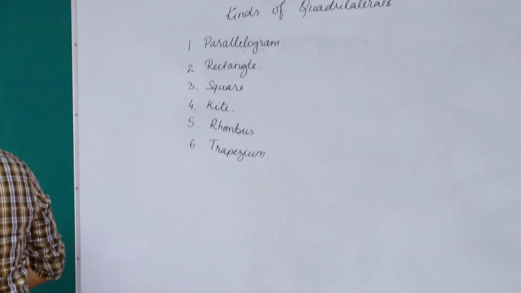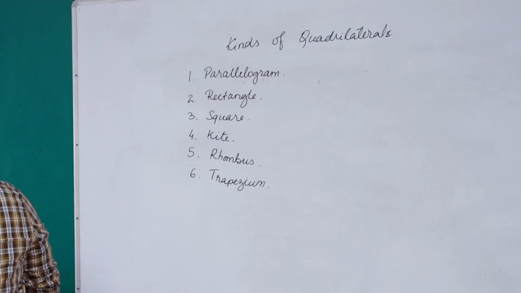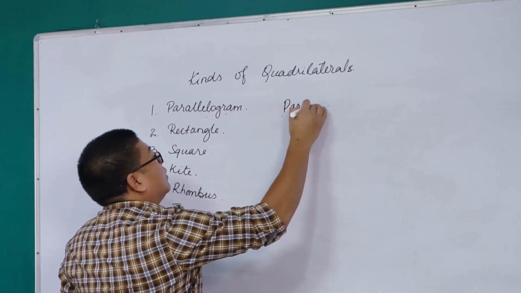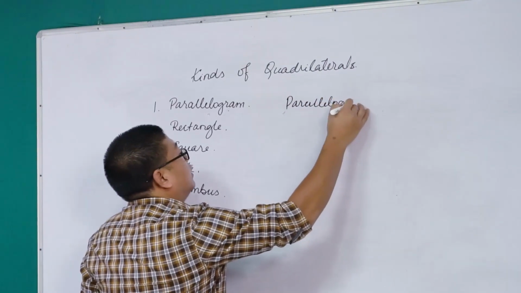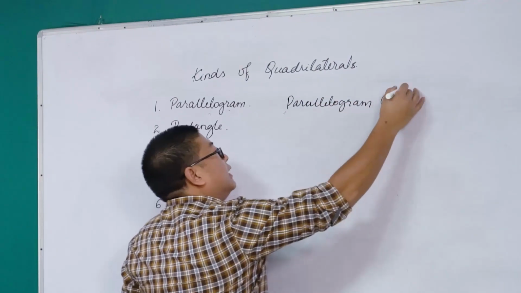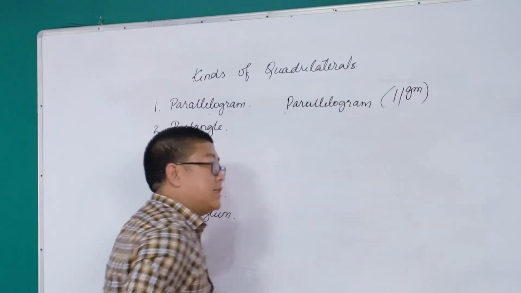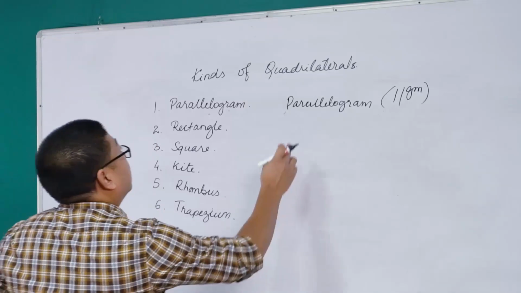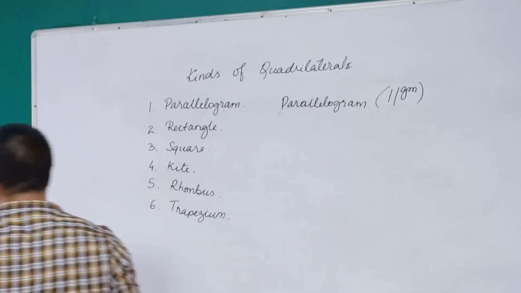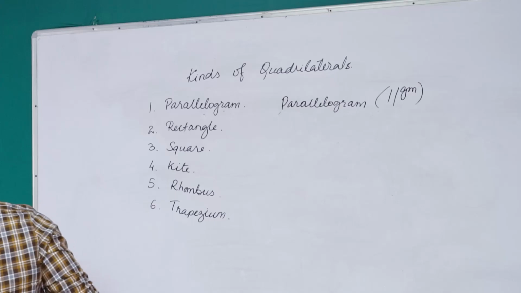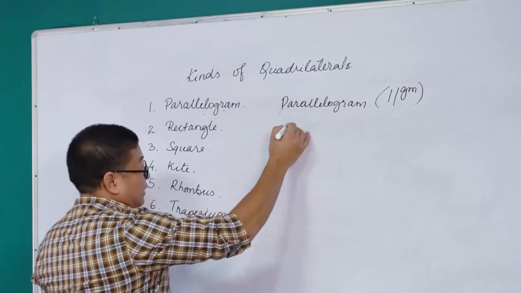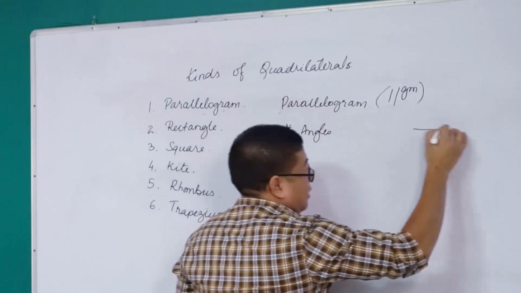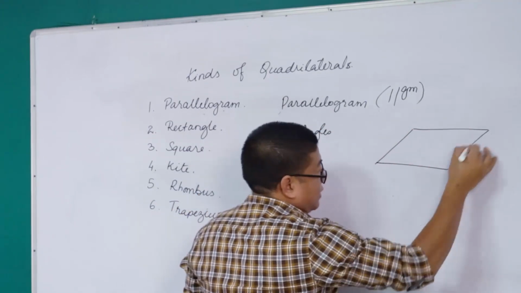Keeping that in mind, we will discuss a little bit about parallelogram. Henceforth I will be writing it in short, as it's quite a long name. Now, parallelogram looks something like this.